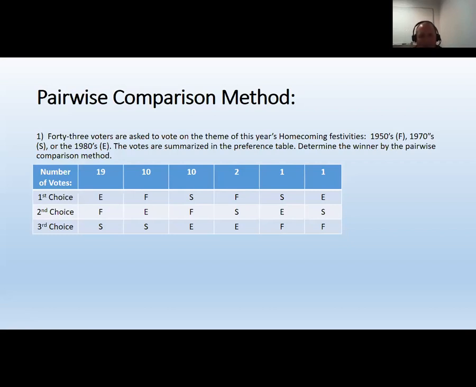Now, on the pairwise comparison method, the first thing to do is to determine who the candidates are. So we've got E, F, and S. We need to keep a running tally of the scores for each candidate: E, F, and S. You can feel free to ignore the vertical line that just popped up; sometimes that happens on this drawing pad.